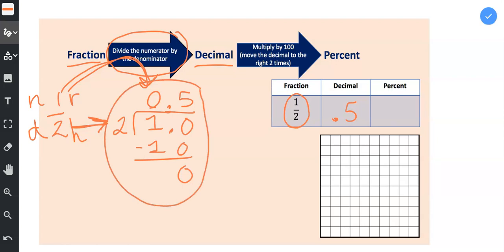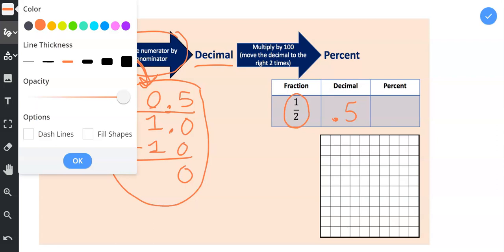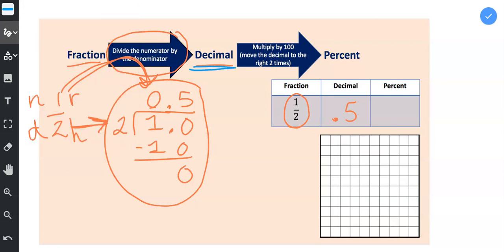Next, to change a decimal to a percent, here are the directions. You multiply by 100. And if you multiply by 100, that moves the decimal to the right 2 times.